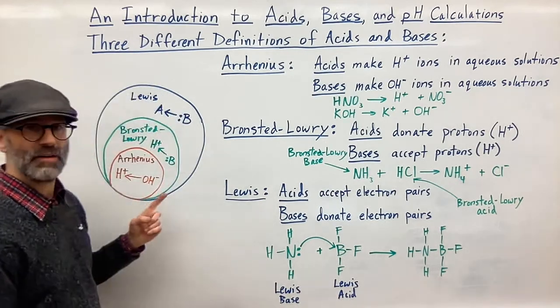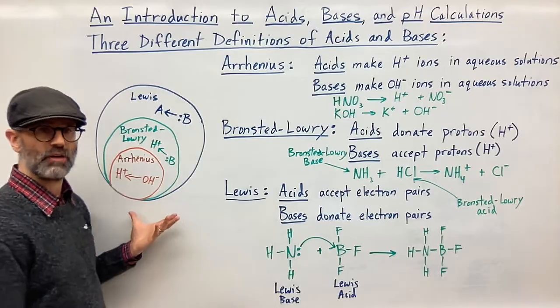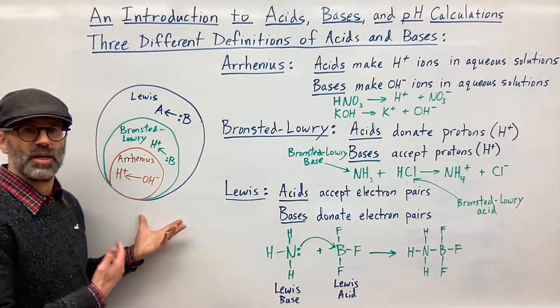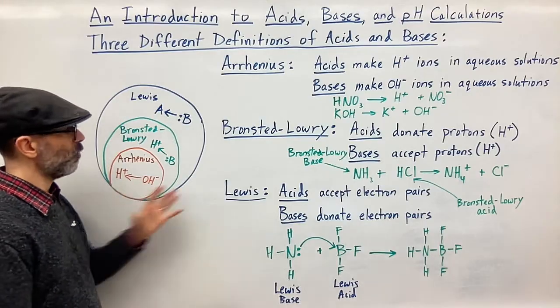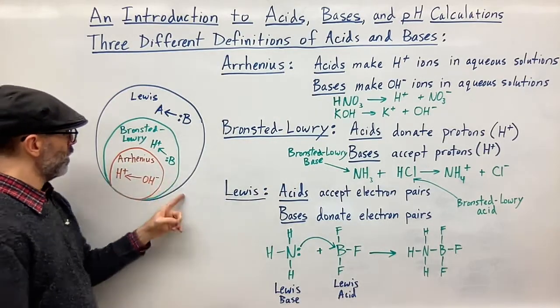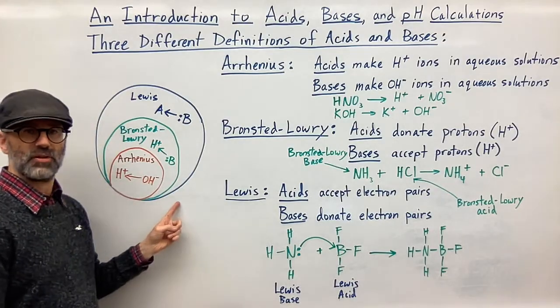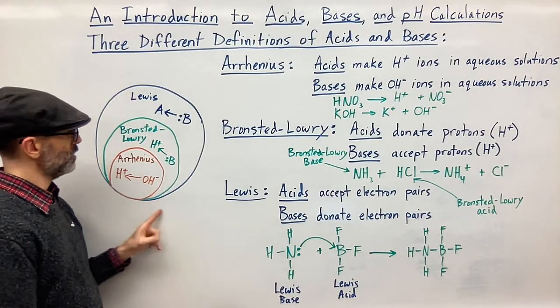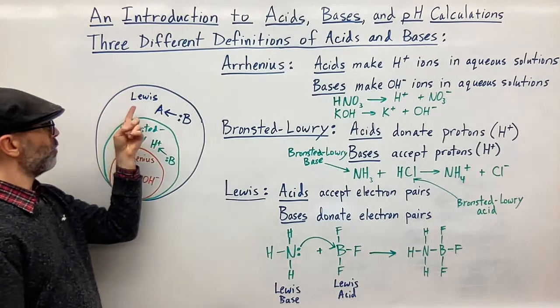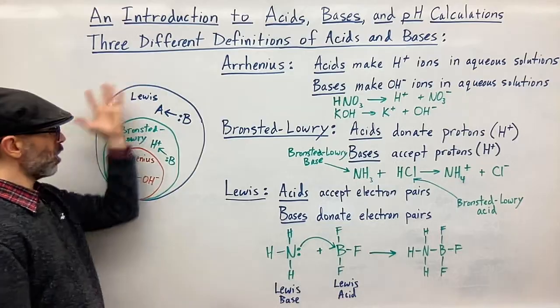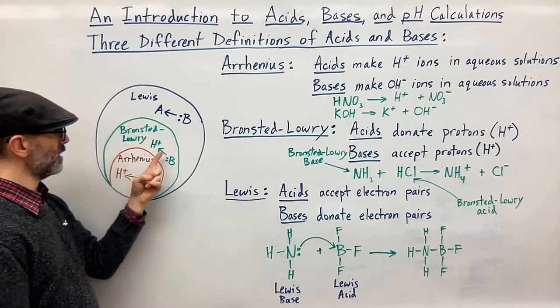So here I have a little Venn diagram, representing in a pictorial way what I'm saying here. If these are all the molecules that could be acids or bases, you can see that the larger circle, Lewis acids and bases, encompasses more than, say, the Bronsted-Lowry.